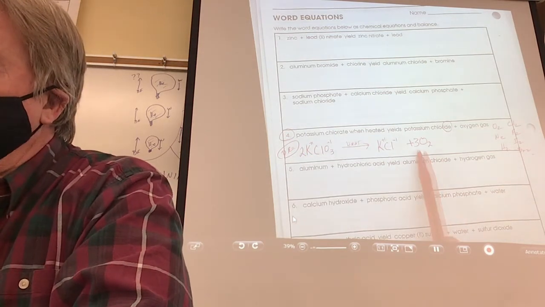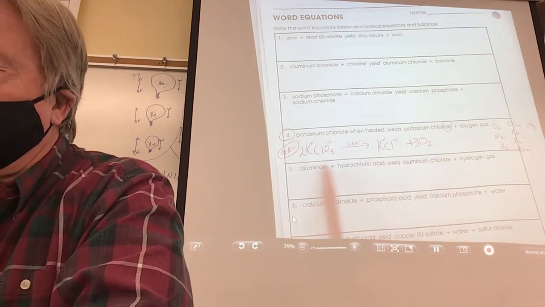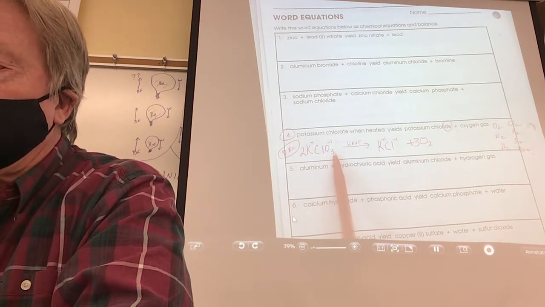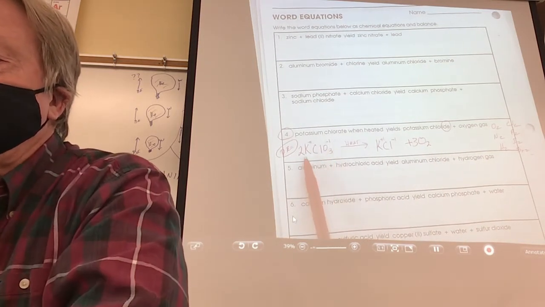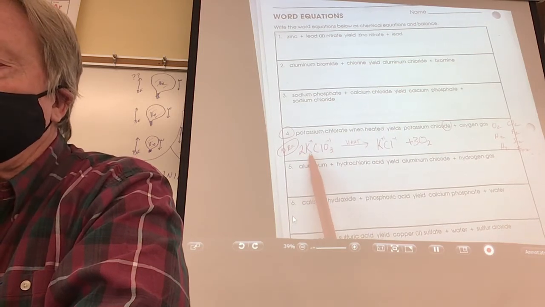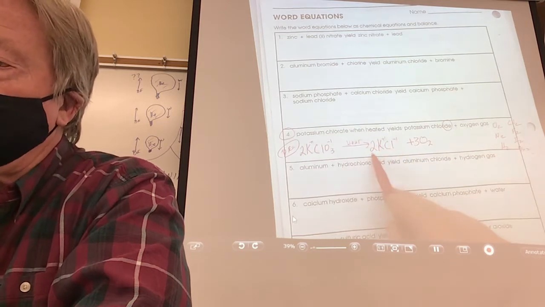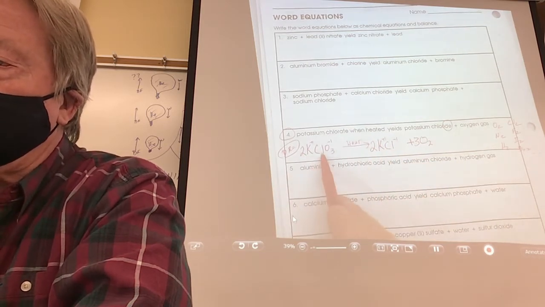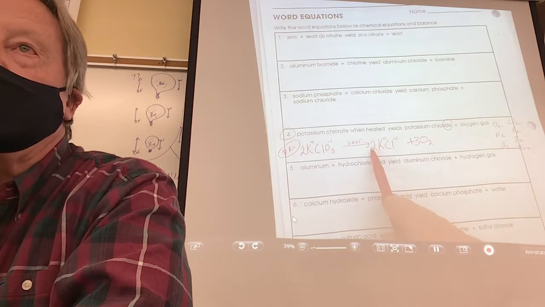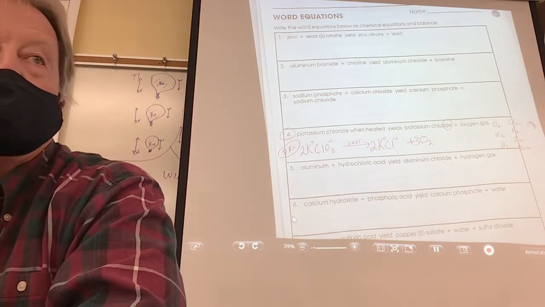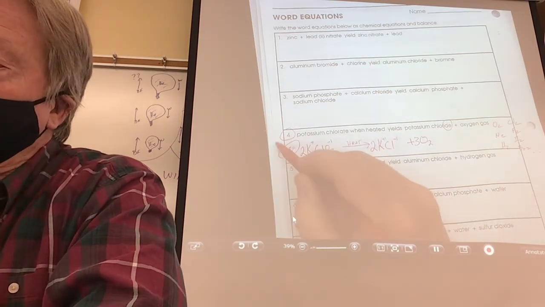Let's try it now. 6 oxygens on the right-hand side, 6 oxygens on the left side. But how many potassiums does that give you? 2. But wait, that gives you 2 chlorines also. That's right. Now, can it be reduced? Okay, I'm done.